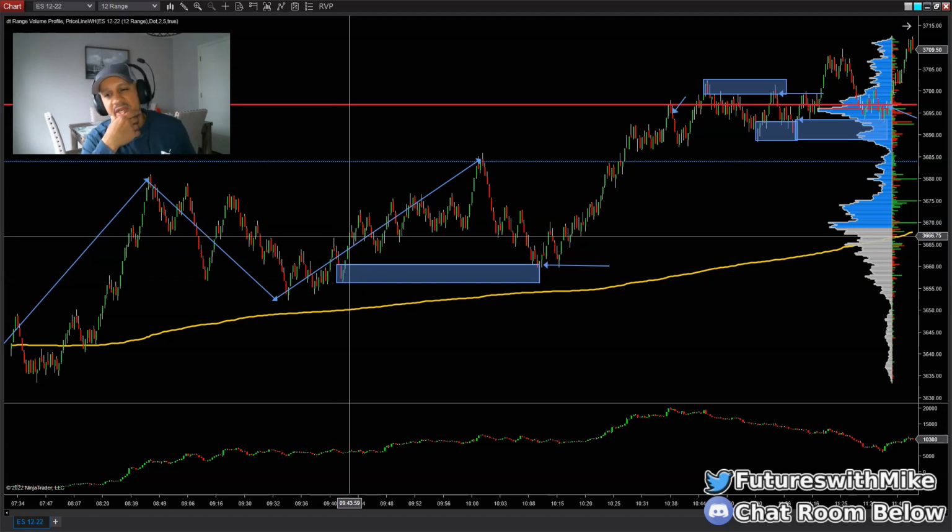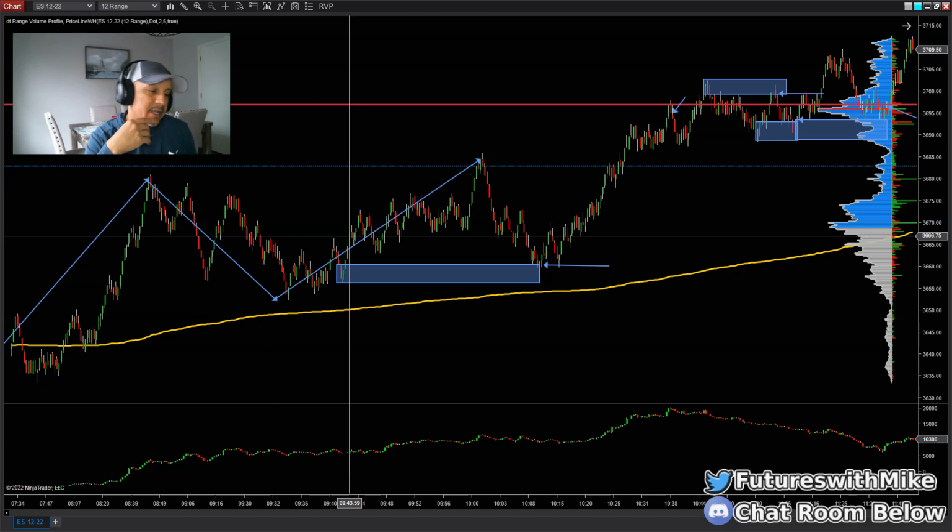Someone asked me a question yesterday. Do I identify a higher probability area based upon how large the swing is, meaning how many bars may come out of that particular area?